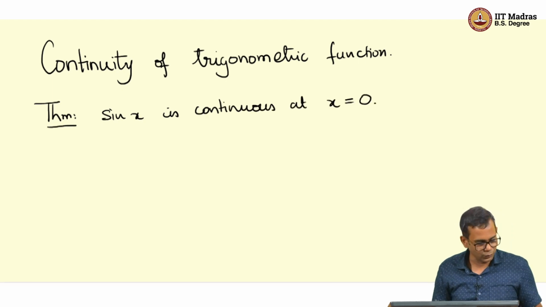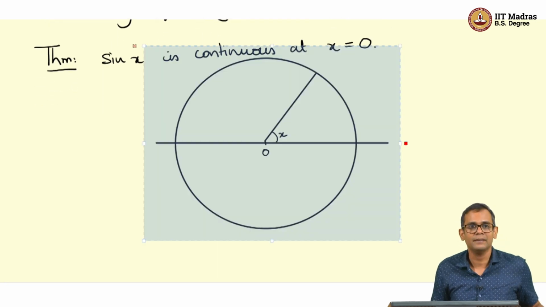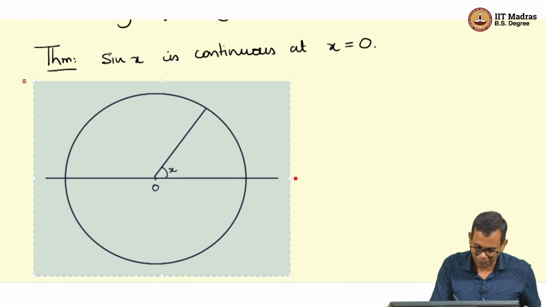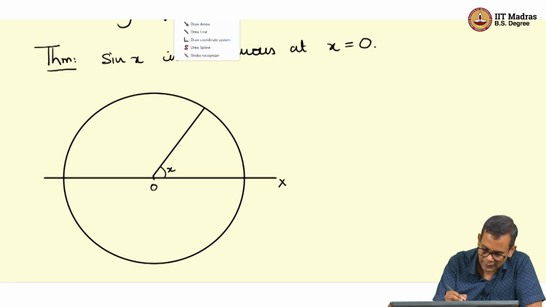Now, before we do this, let us quickly recall the definition of sine. Sine is defined geometrically, as you know. So, if you have a circle of radius 1 centered at the origin, the horizontal line is the x axis, then take an angle of x from the horizontal, then drop a perpendicular from the point where this ray meets the circle down to the x axis.